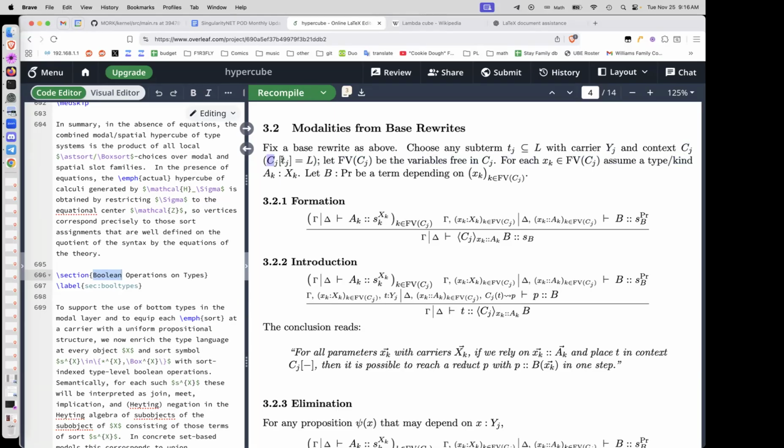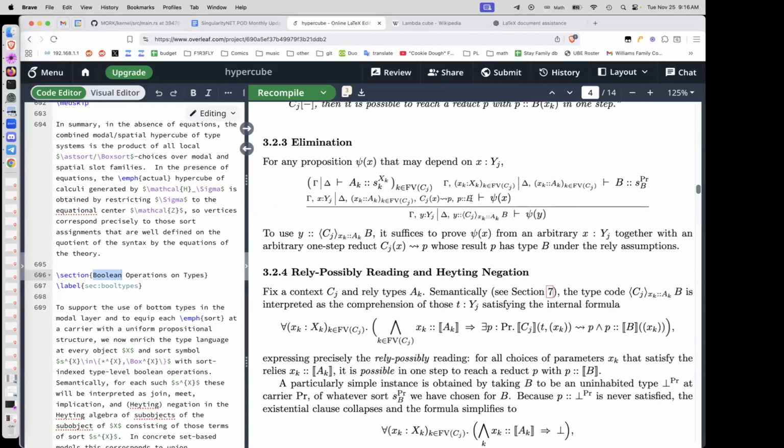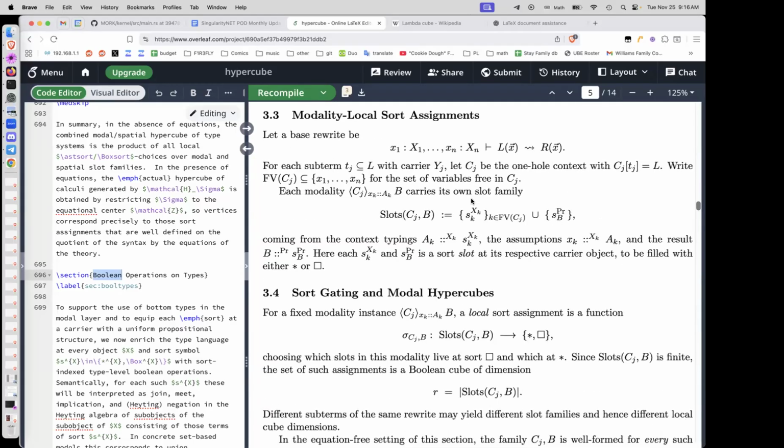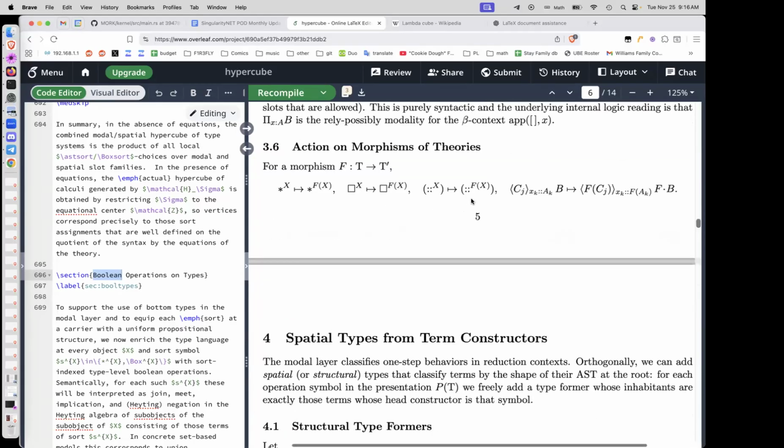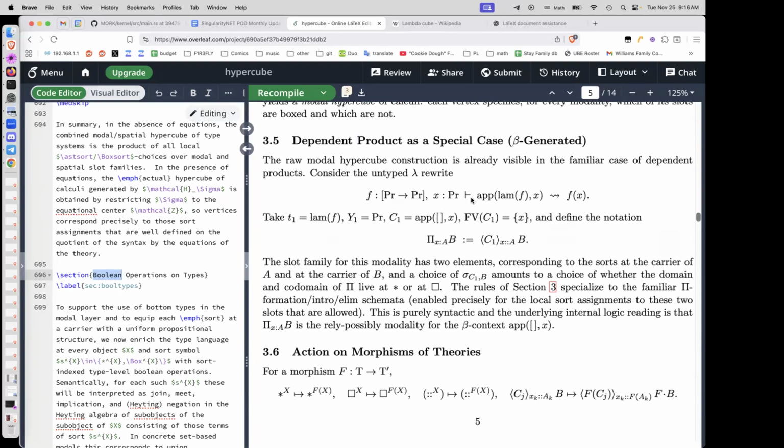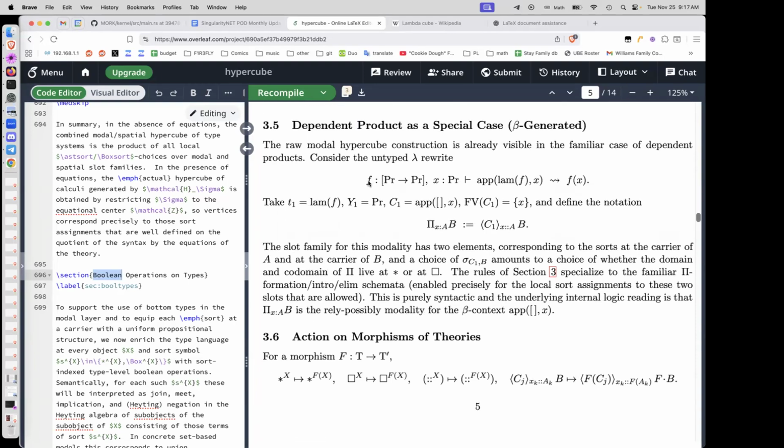There's the context that contains the subterm, J, T_J, and put together, we get the left-hand side. So for instance, let me scroll down a bit here.